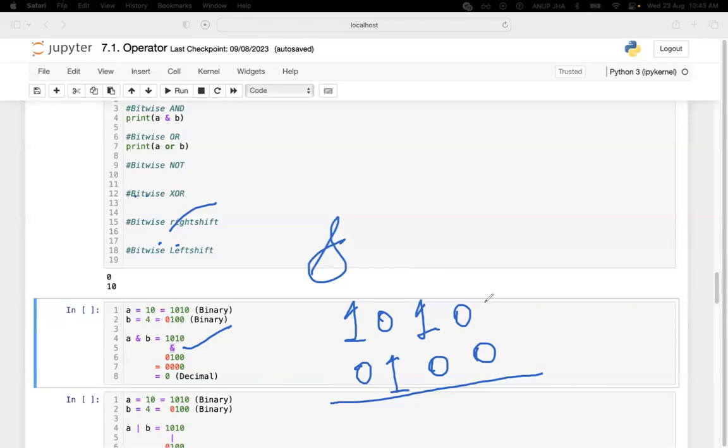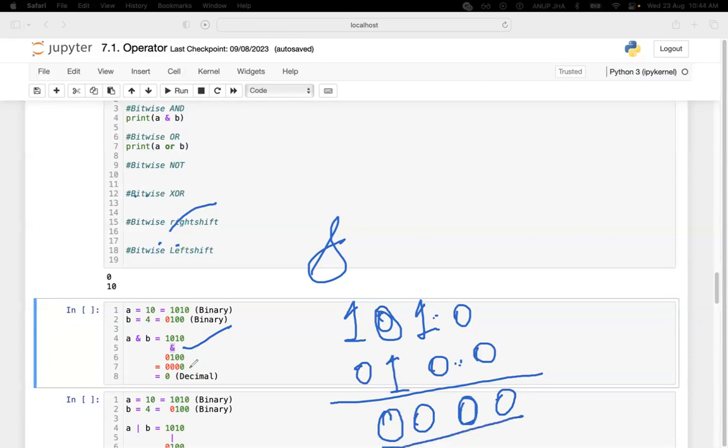So what are you getting? This 0 and 0 is giving you 0. As we have already studied, here this value is 1 and this value is 1. If you apply the AND operator, what will you get? If any one of the values is 0, you will get 0. 0 you can interpret as false. 0 and 1, what will you get? 0. 1 and 0, what will you get? 0.